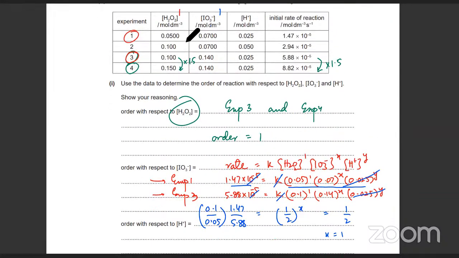You could have just looked at it: 0.05 becomes 0.1, so it doubles, right? So double 1.47, what is it going to become? That's going to be 2.94. Then 7 is doubling also, so 2.94 is going to 5.88.